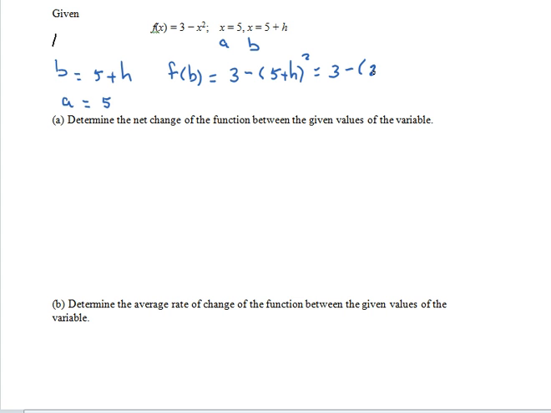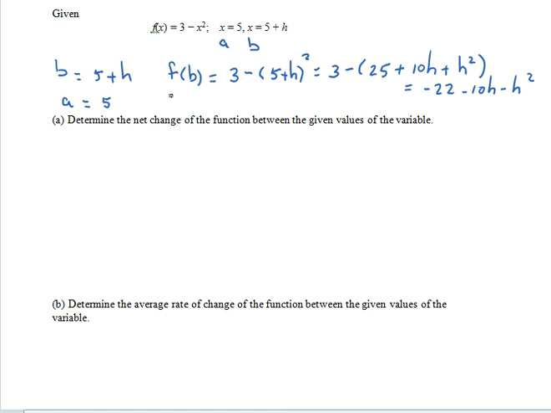We square the first term, take twice the product of the terms, and square the last. And so when we simplify this, we get negative 22 minus 10h minus h squared.